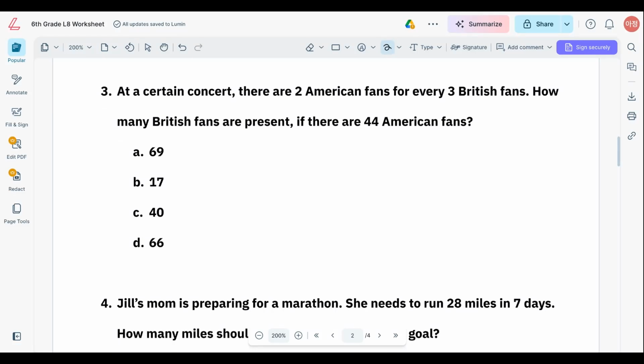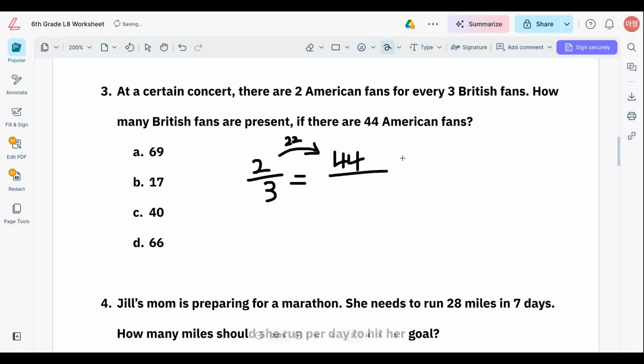Alright, now at a certain concert, there are 2 American fans for every 3 British fans. How many British fans are present if there are 44 American fans? So 2 American fans for every 3 British fans. So then if there's 44, how many British fans are there? So 2 American fans, we can multiply that by 22 to get 44, right?